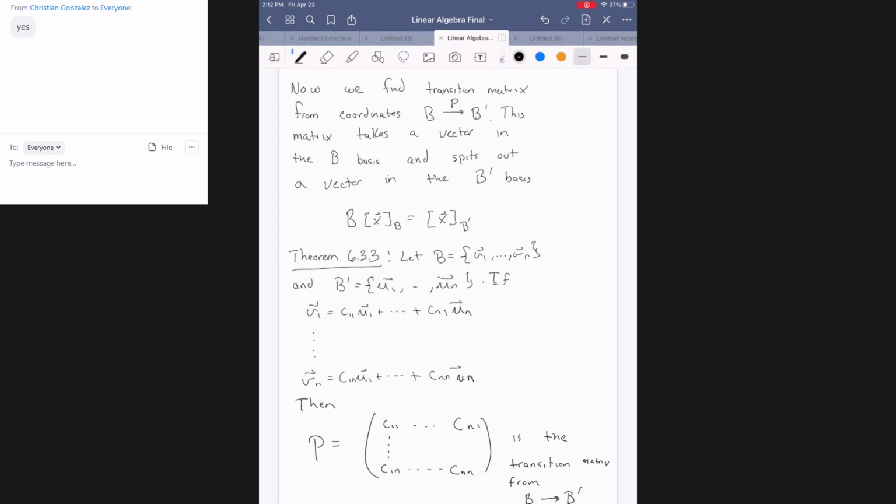There's one limitation to this theorem, I guess you can say. The limitation is that I'm going to have to solve a bunch of equations, right? If I have B prime with three basis elements and B with three basis elements, I'm going to have three augmented matrices, and then I'm going to have to RREF this, right? Which does nobody any good. So there's a simpler way.